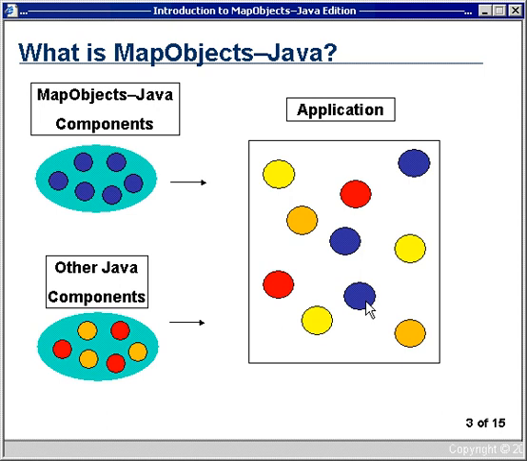Now we've added several blue circles and several red and orange circles representing the various other Java components. Everything has been seamlessly integrated into a single application at this point. As your application grows or becomes more streamlined, components can be added or removed as well. Notice that the yellow circles representing the pre-existing application are also incorporated in the new application.